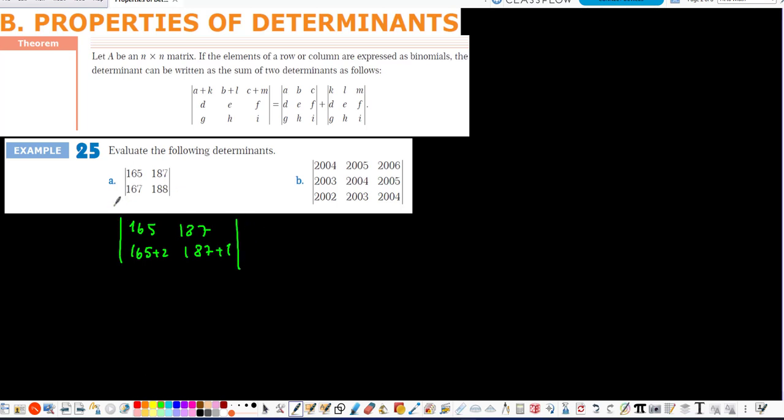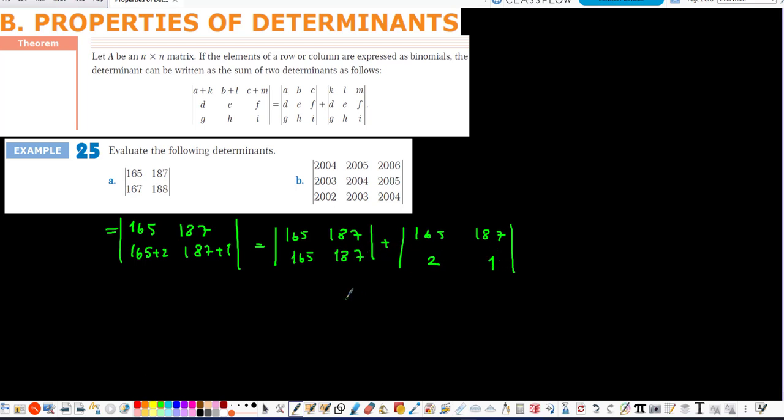Here, this is the first question now, and you're going to keep the row the same, which is equal to 165, 187, and then plus 165 and 187, because there is no addition here. But the second row is the one which is added. Here we are going to write 165 plus 2, and 187 plus 1.